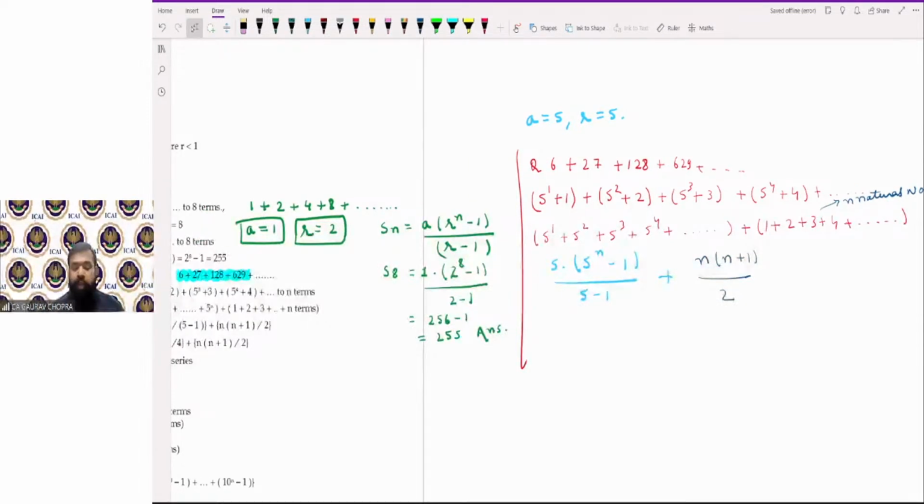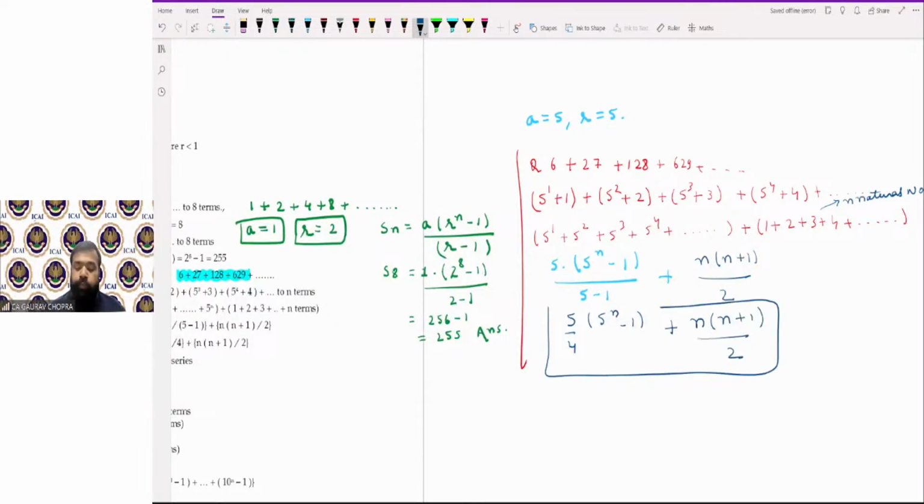So this will be your final result. So you can write this down. 5 by 4 into 5 to the power of n minus 1 plus n into n plus 1 by 2. So this will be your final answer.